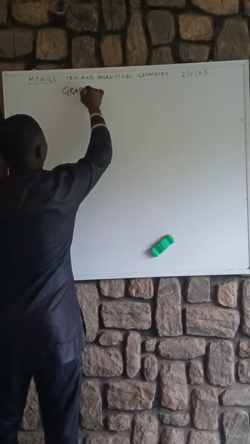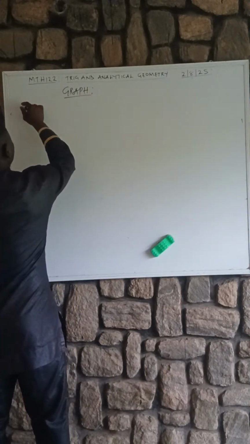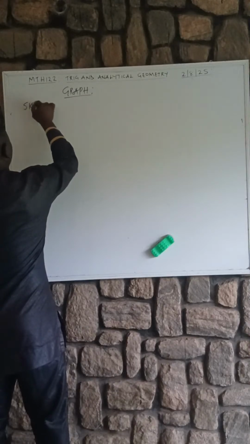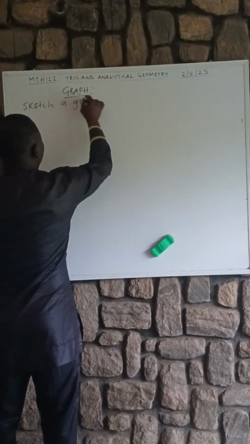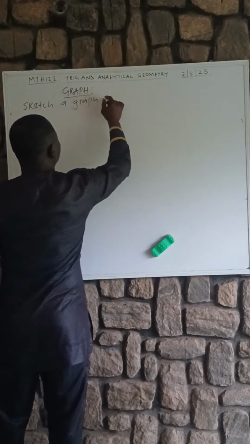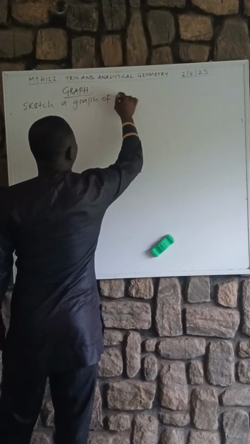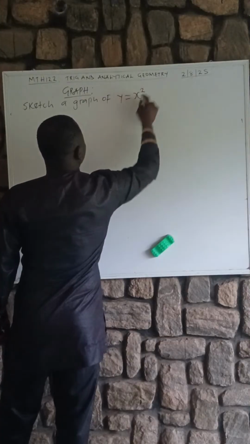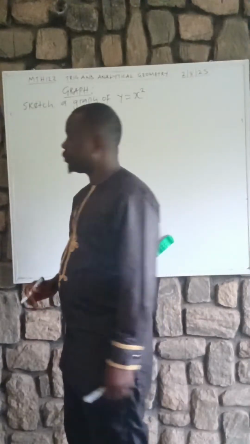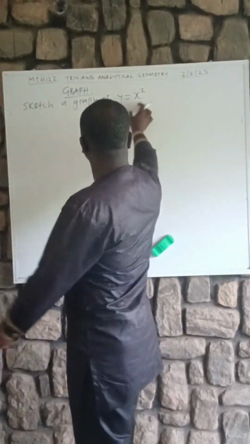Sketch a graph of y equals x squared. Mind you, this is a quadratic equation, so we want to sketch this graph.